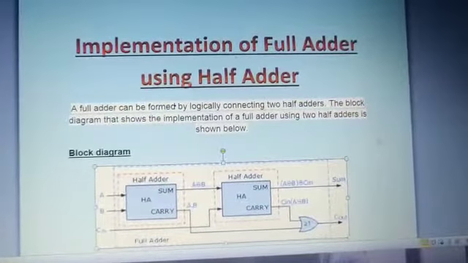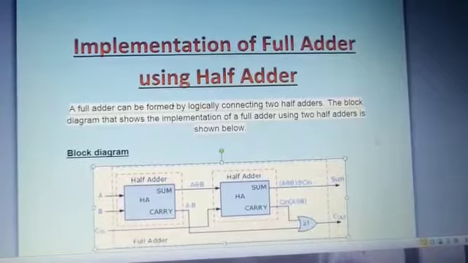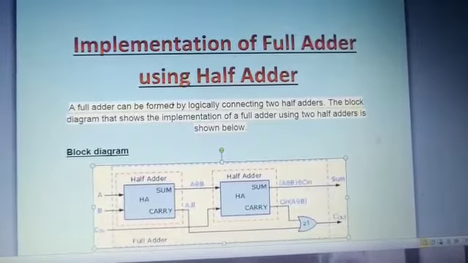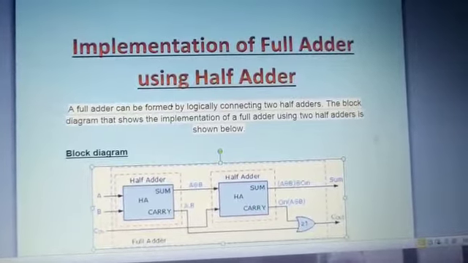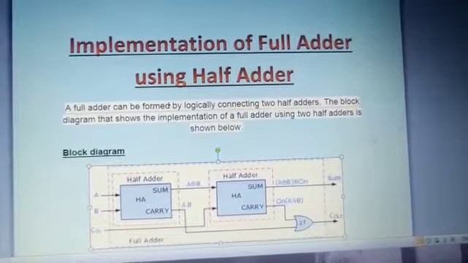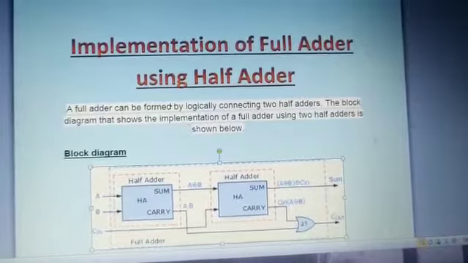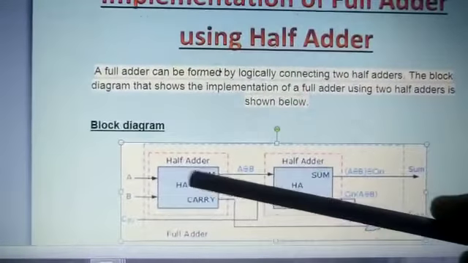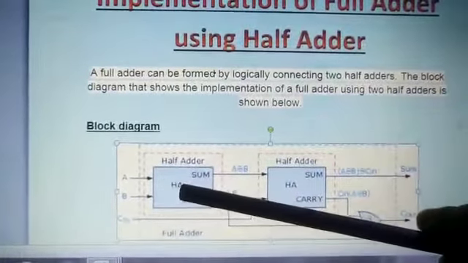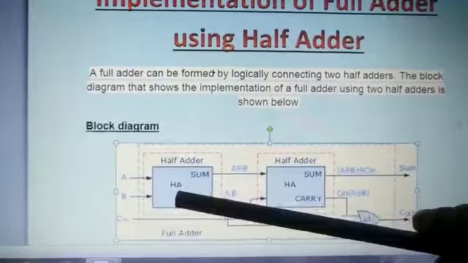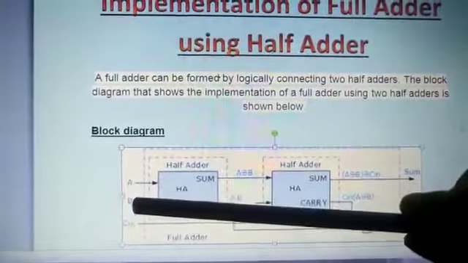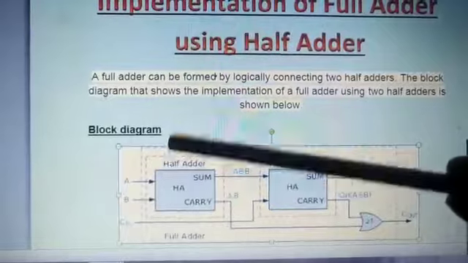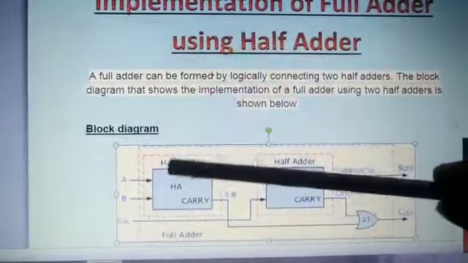To implement a full adder we require two half adders. So using two half adders we can implement our full adder logic circuit. Just watch the block diagram carefully. Here it is A and B, because a half adder is only capable of taking two inputs. So A and B pass through the first half adder.